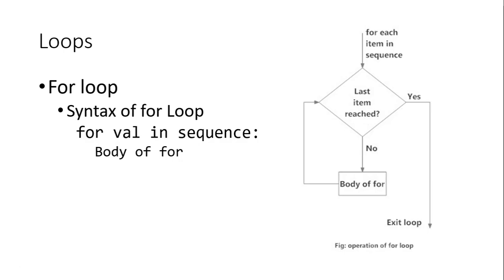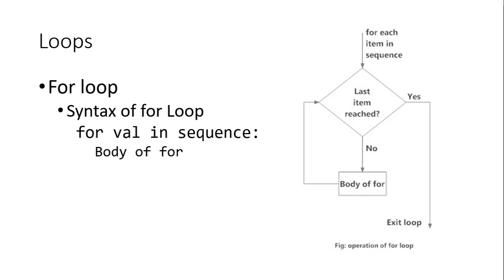If it is not reached, it is going to copy that current element into val and enter the body of for. Once the body of for is executed, it is going to again check if the last element of the sequence is reached. If yes, it is going to exit the loop. As simple as that. We'll see examples of for loops in upcoming slides.